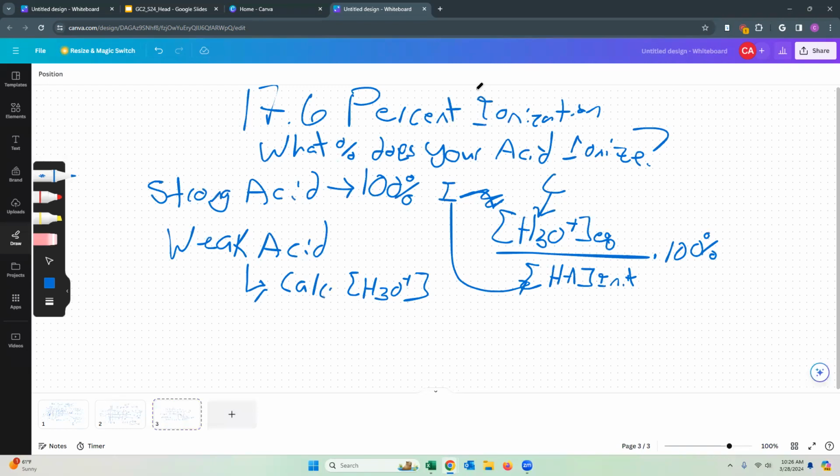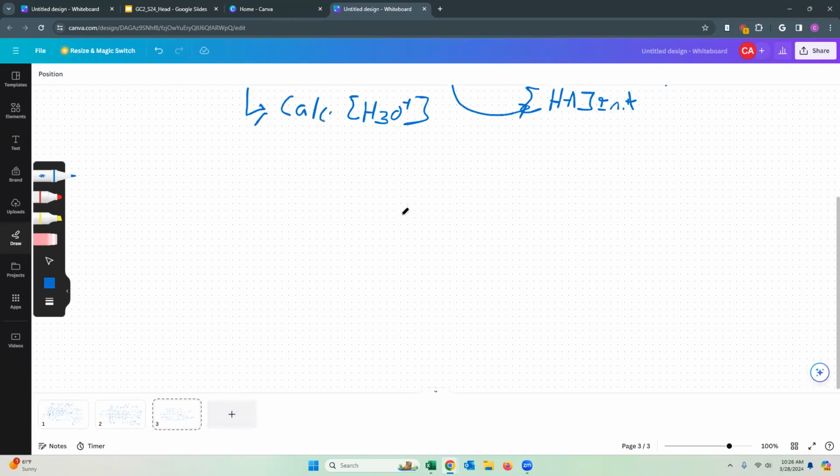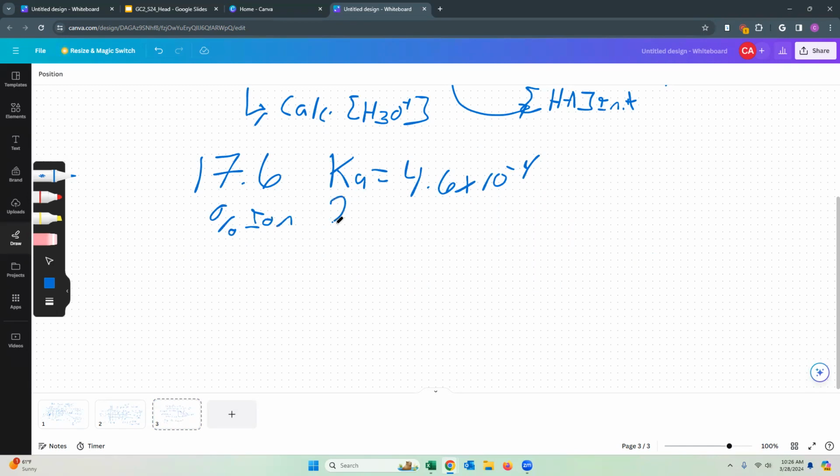So let's do a problem that looks at percent ionization. That is 17.6. And that problem says you have a Ka that is 4.6 times 10 to the minus 4. I want to know percent ionization of a 2.5 molar HNO2 solution.